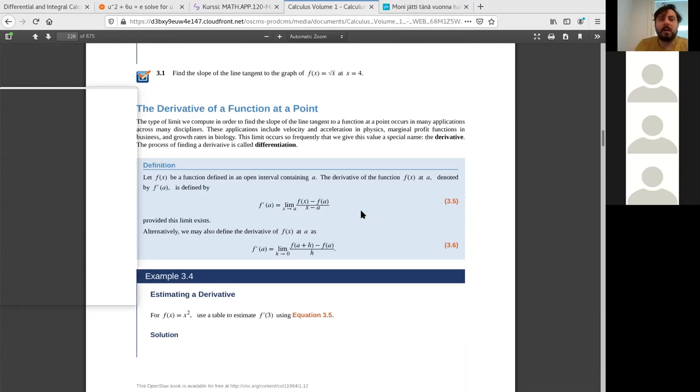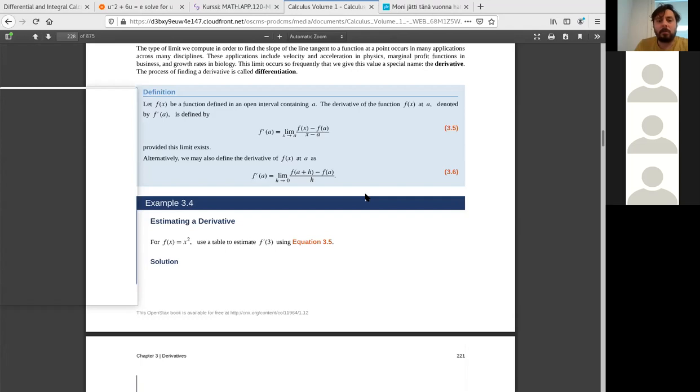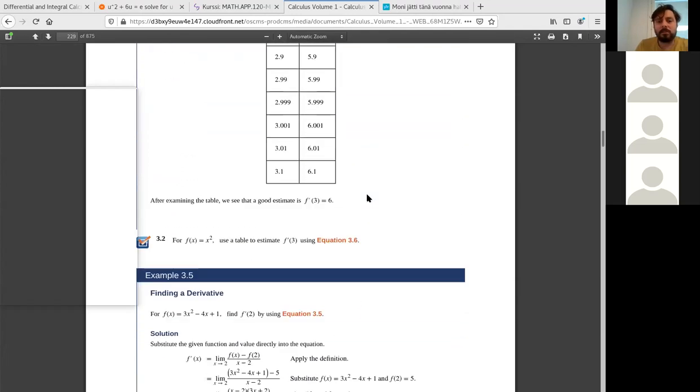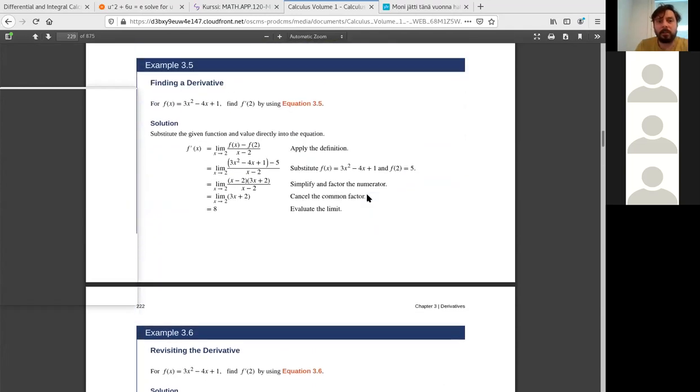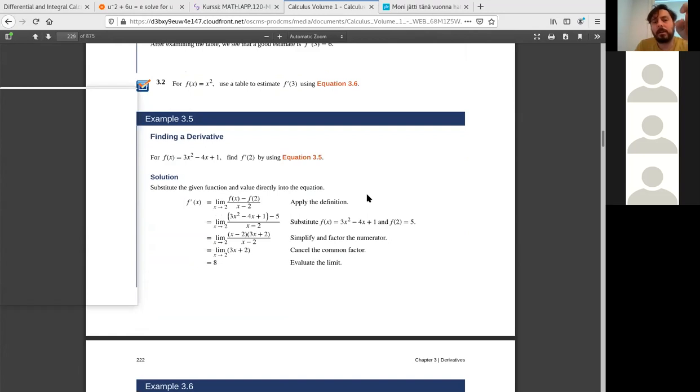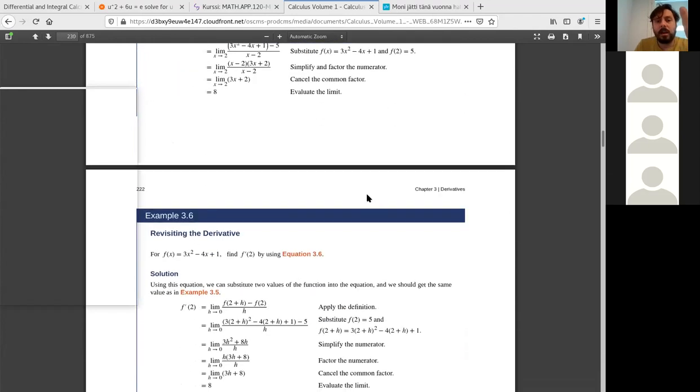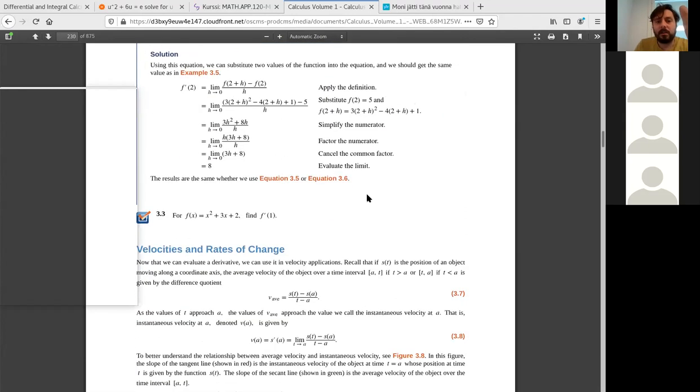This can be done at a particular point, but I see no point in us going through a lot of examples where you do it for particular points. There are plenty of examples, and I urge you, if you find this intuition a little bit hard, to go through all these examples and see how it's done.